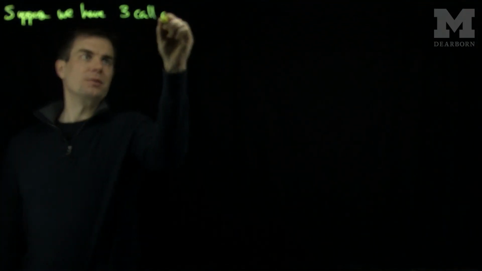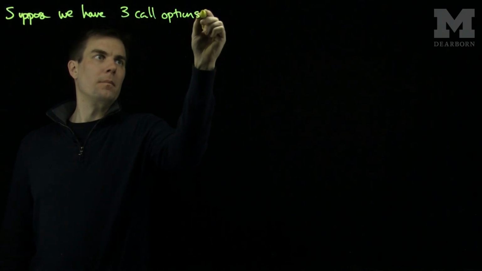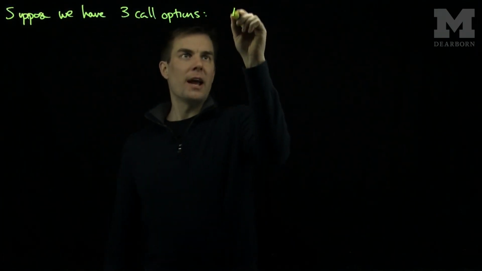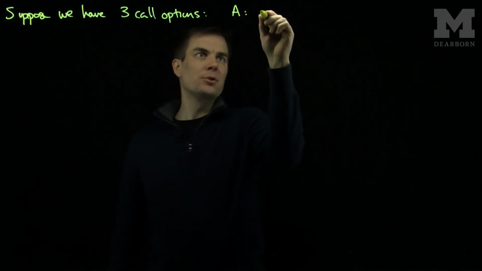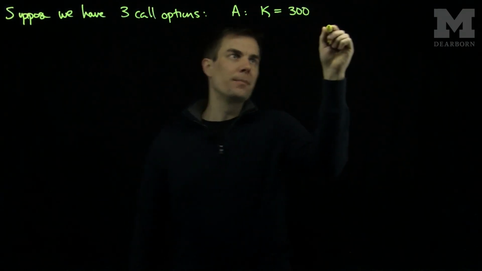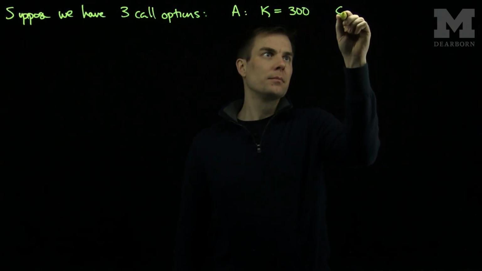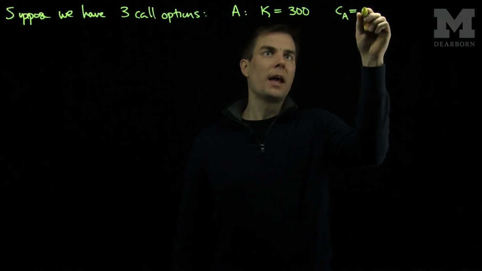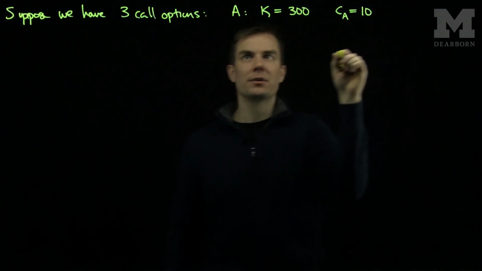Hello students, in this video we will see how to compare profits of call options. Let's suppose we have 3 call options. We have call option A, which has a strike price K of 300 and is priced at $10.